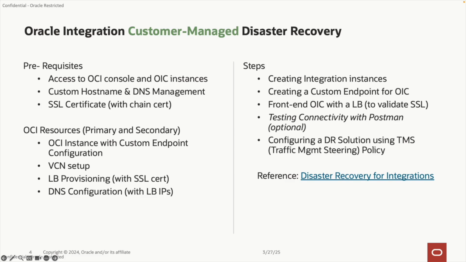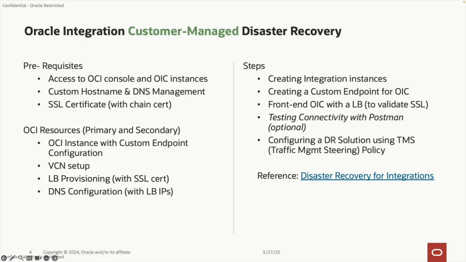The main steps of this solution configuration are creating integration instances in two different regions, creating a single custom endpoint for both integration instances, front-ending these integration instances with load balancers, validating SSL certificates, and optionally you can test the connectivity of integrations with Postman.